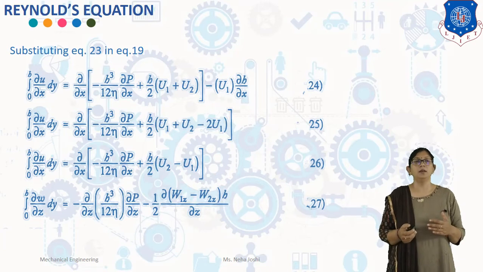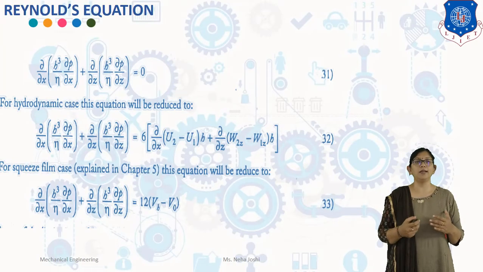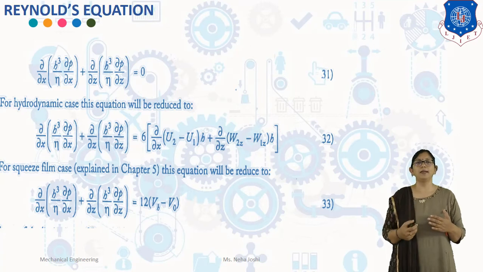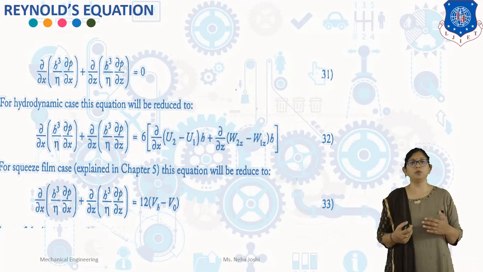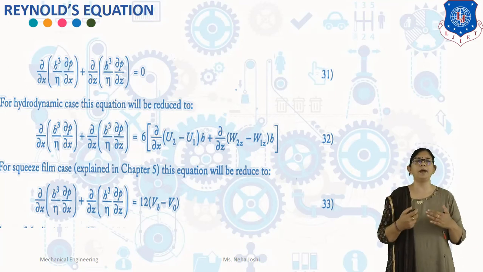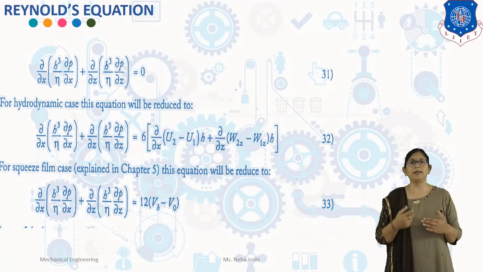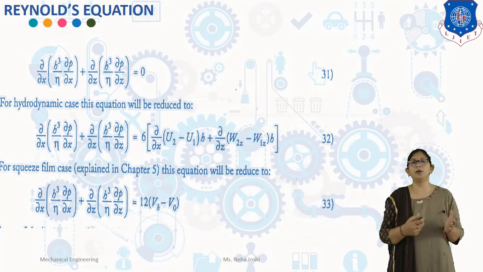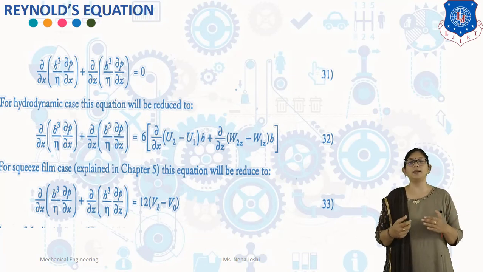Now ∂/∂x of h³/η ∂p/∂x plus ∂/∂z of h³/η ∂p/∂z is equal to 0 for the basic case. For the hydrodynamic case, this equation will be reduced to ∂/∂x of h³/η ∂p/∂x plus ∂/∂z of h³/η ∂p/∂z is equal to 6 [∂/∂x (u2 − u1) h plus ∂/∂z (w2z − w1z) h].